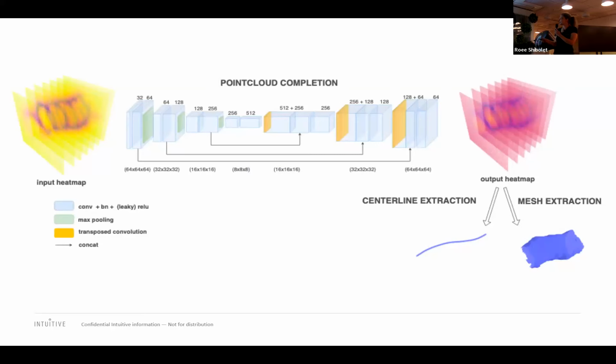For the input, we don't use the segment directly, but we build a heat map that represents the input segment with the holes, and our point cloud completion outputs another heat map representing the segment with no holes and the center line. And then we have an extra step that we use in order to extract from this heat map the center line and the mesh.